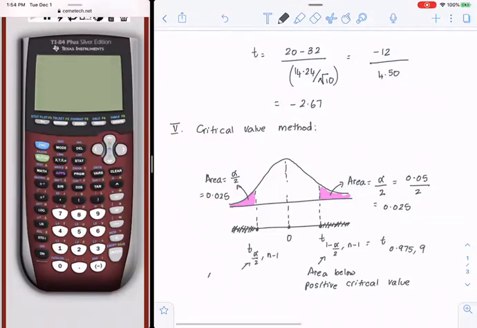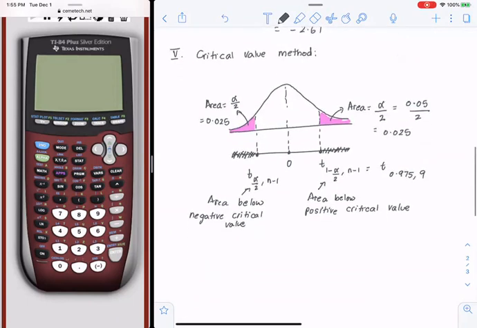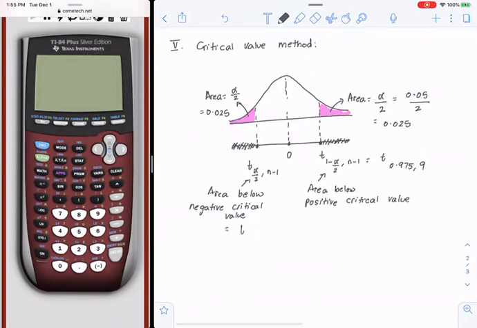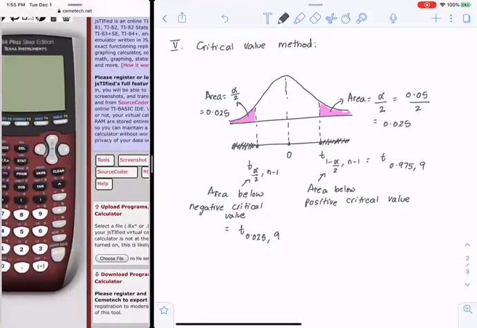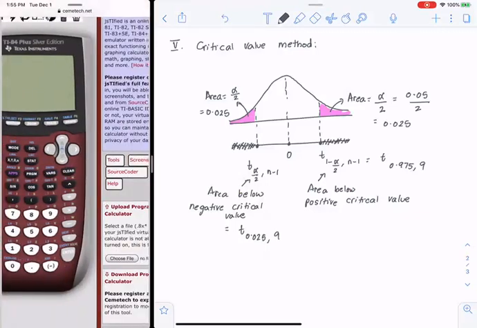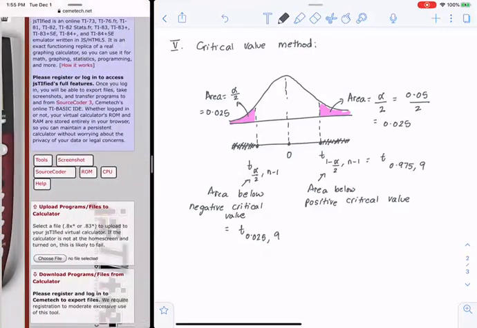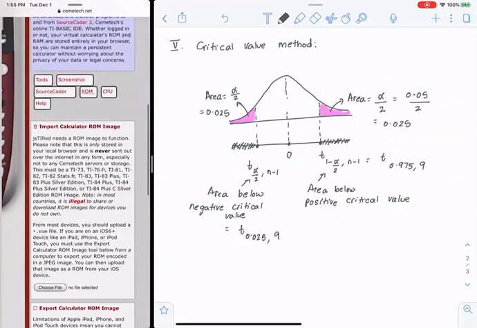Alpha over 2 is simply the area below the negative critical value, and n minus 1 is just 9. So we don't have to find both of them. If we know the one on the left-hand side, we can find the one on the right-hand side and vice versa.